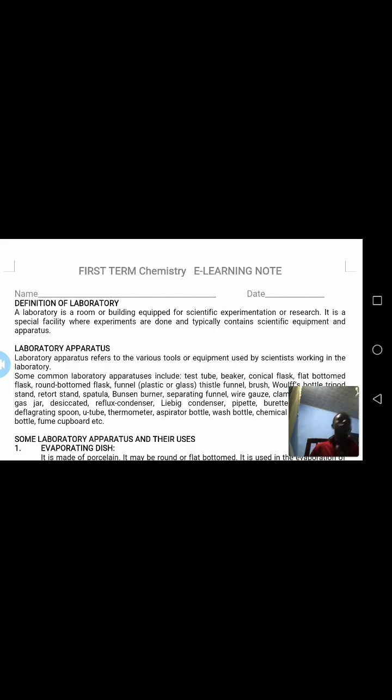So it is not a place to go and play, it's not a place to go and joke around, it's not a kitchen. Every tool that is found in the laboratory is to carry out scientific experiment and scientific research. Remember in our previous class we looked at the methods of scientific discovery.